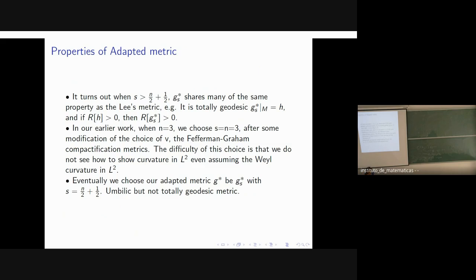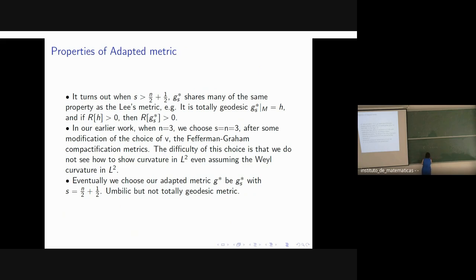And it turns out this g_S metric has a family, and let me try to say why we choose this special adapted metric. So we have a family of metrics g_S, where S is in the range from 1/2 to infinity, subtract n, and the index comes from some modification of the Pollack-Graham metric.